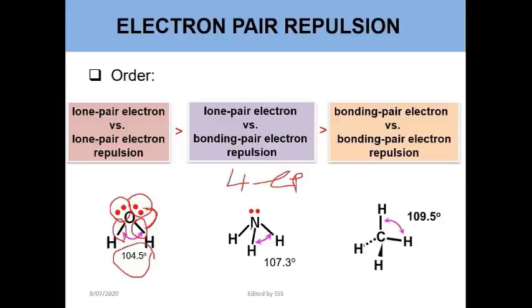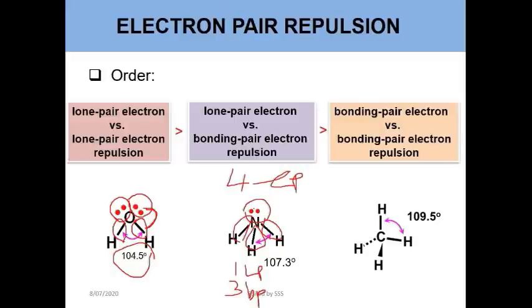For ammonia, the nitrogen atom as a central atom has 1 lone pair and 3 bonding pair electrons. Because only 1 lone pair exists at the nitrogen atom, the repulsion is only between lone pair electron with bonding pair electron and bonding pair versus bonding pair electron.